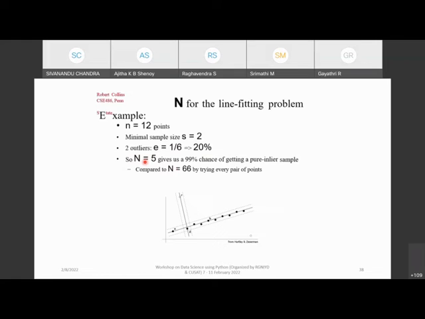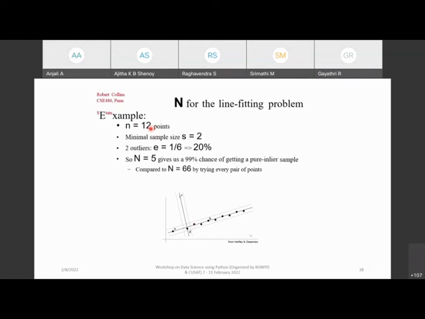That means within 5 iterations, you are going to get the equation of the line which is going to fit your data properly or desirably. But if you take 2 points and compare all the possibilities, then how many times do you have to run your algorithm?